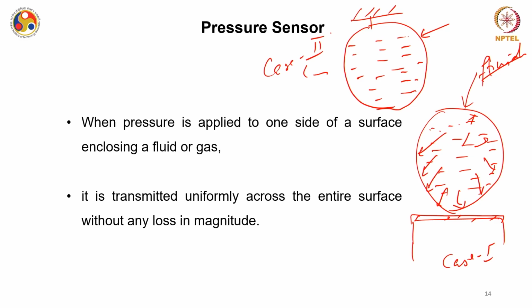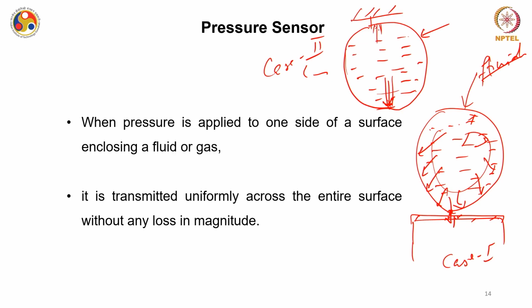Now, if I am keeping it on this table, you cannot say that this liquid is exerting pressure only at this point. Or in this case also, if I have put this fluid, you cannot say that the pressure is being applied only at this point or this point.